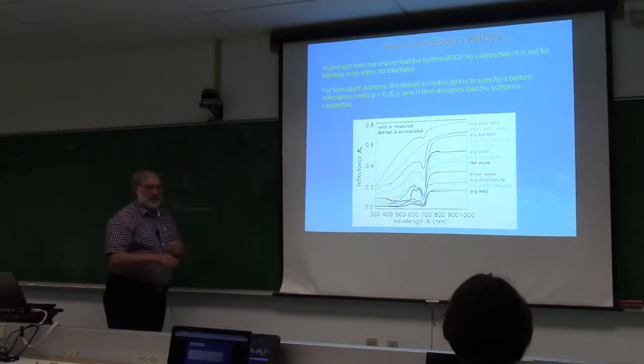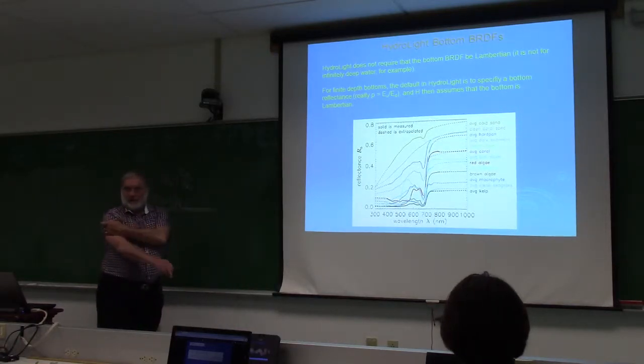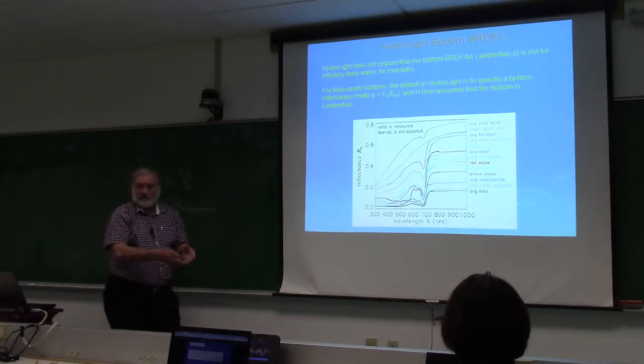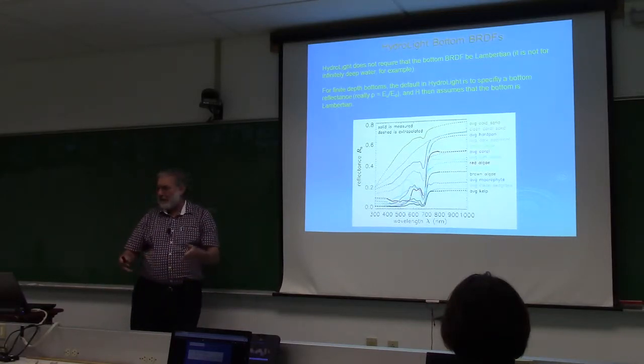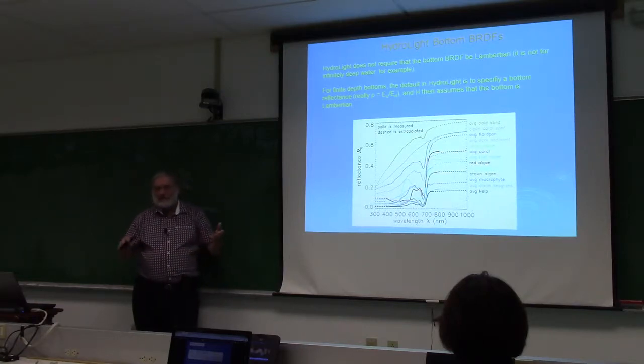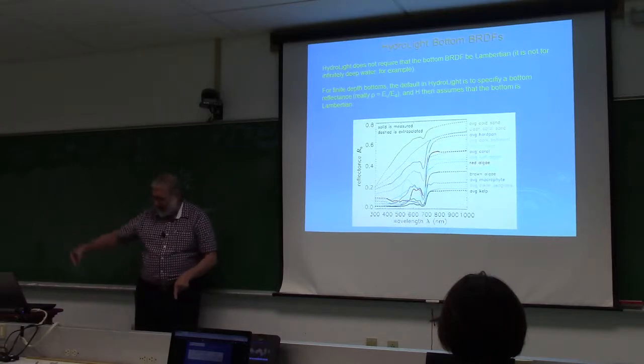Now HydroLight doesn't require the bottom to be Lambertian, but people rarely have measured full BRDFs of real bottoms. Ken Voss had a paper where he measured the BRDF of some sand bottoms and so forth. And it's reasonably close to Lambertian as long as you're looking more or less downward and the light's incident more or less onto it.